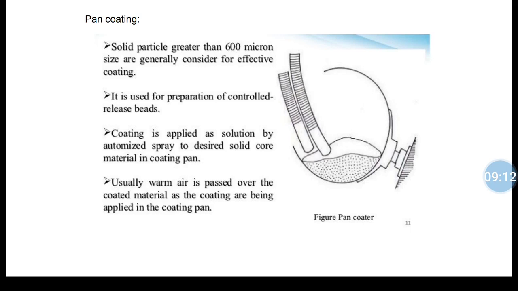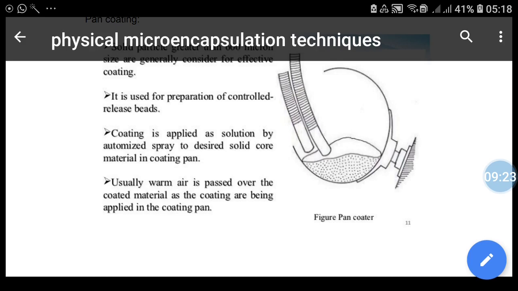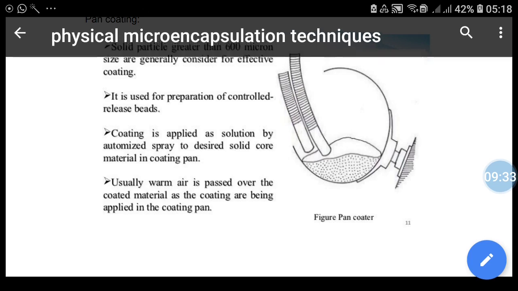Coating is applied as solution by atomization onto the core material, which is in constant rotation in the rotating pan, and usually warm air is used to cause evaporation of the liquid and solidification of the coat over the core.